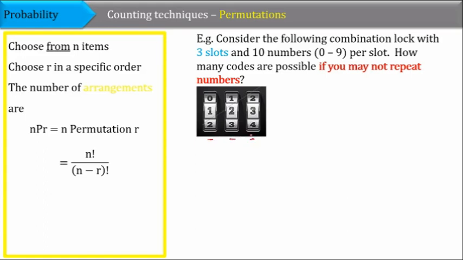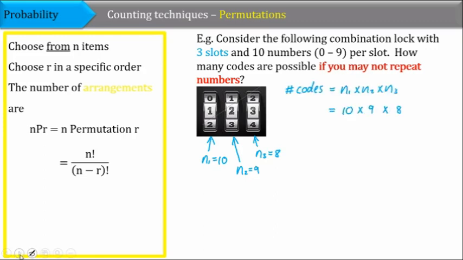Okay, so we have the 3 slots once again, 10 numbers on each. We may not repeat. So that means for the first stage of the experiment, we have 10 possible outcomes, because we can choose any one of 10. For the next one, we'll have 9, and the next one we'll have 8. So by the multiplication rule, this will be 10 times 9 times 8.